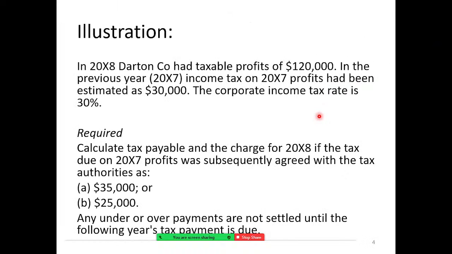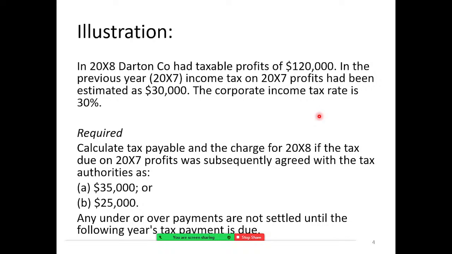You may encounter this kind of example when you studied in a previous semester, especially in company accounts. Here an illustration is given similar to that. In 2018, Darton company had taxable profit of 120,000. In the previous year, 2017, income tax on the 2017 period had been estimated at 30,000.